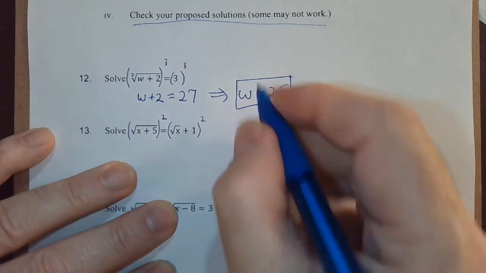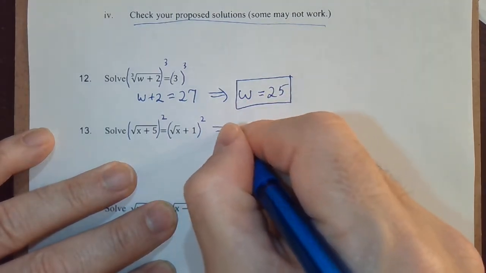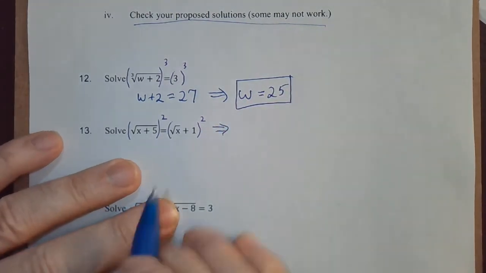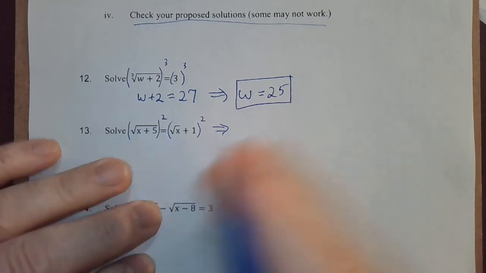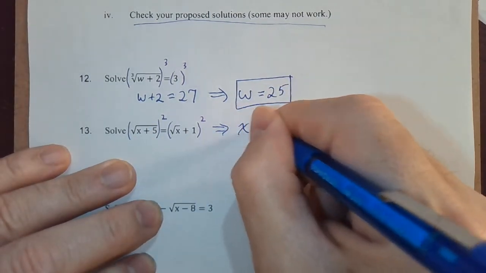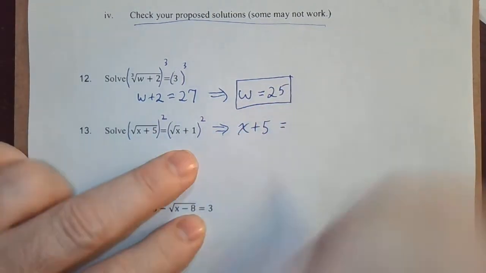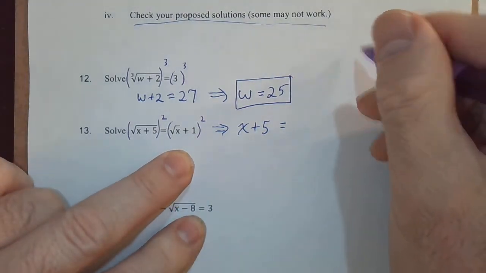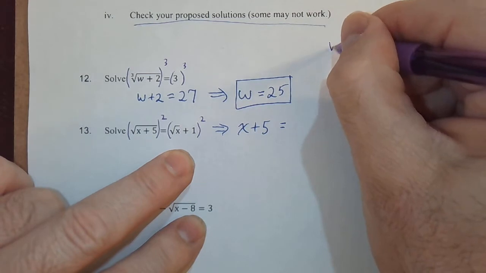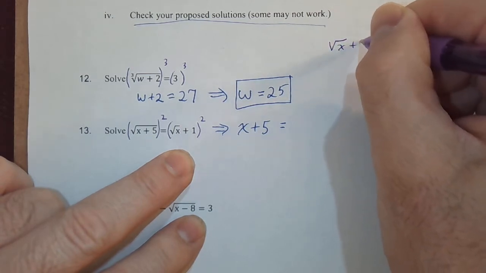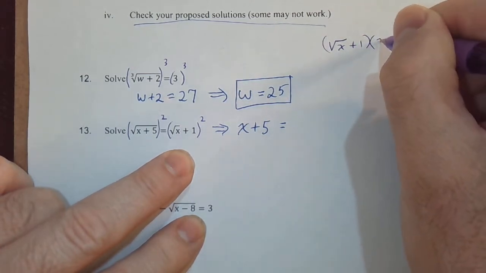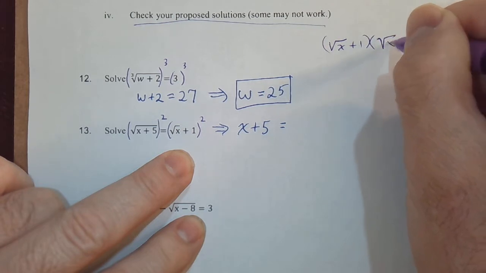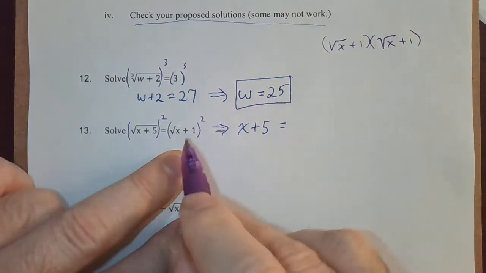All right, so let's go. I'm going to go to the right, make sure I have enough room here. If I square this, it just cancels out with the radical, and I get x plus 5 on the left. Now, maybe I'll go up here where I have some blank room and I'll use scratch paper. It might look a little confusing when you see this done if I don't write it out like this.